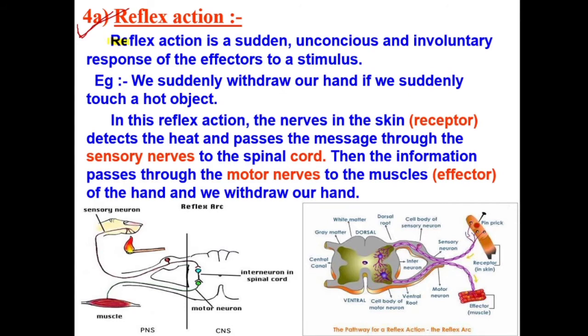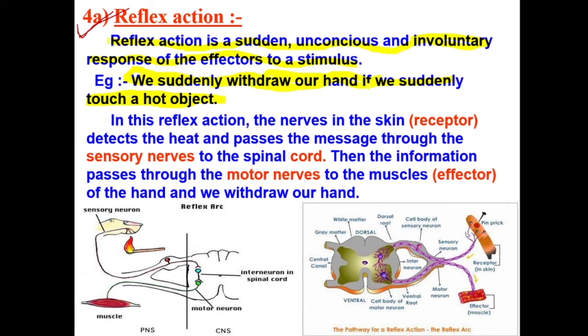Reflex action is a sudden and unconscious involuntary response of the effectors to a stimulus. The example they are giving is: we withdraw a hand if we suddenly touch a hot object, right? Now why does it happen? Why can't you do it willingly?